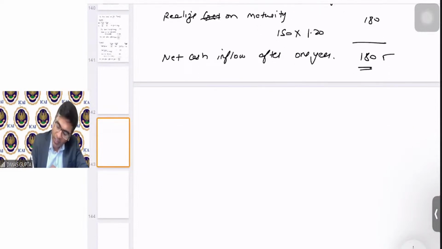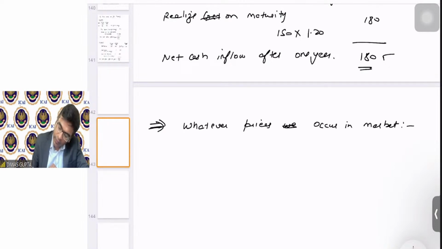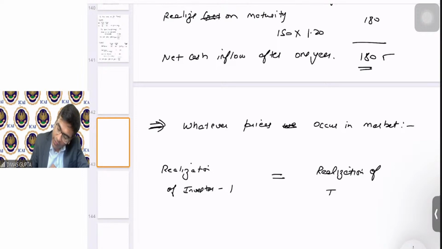So can we conclude then, whatever prices occur in market, realization of investor 1 is always equal to realization of investor 2.